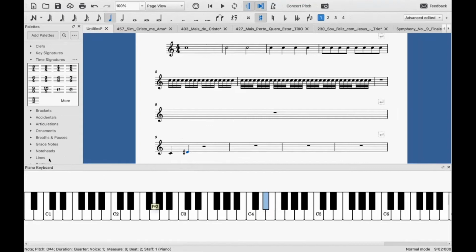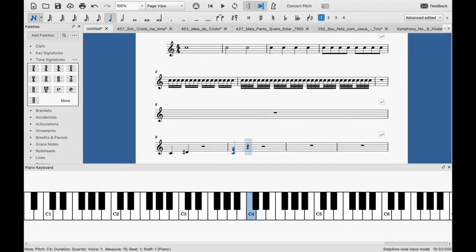So she has another question. If it would be a flat, would it be a diminished? There is a difference between diminished and minor, okay? In this case, it would be a minor. So for example, if I have here a C, and then I have a D flat, it's no longer a D sharp, it's a D flat.